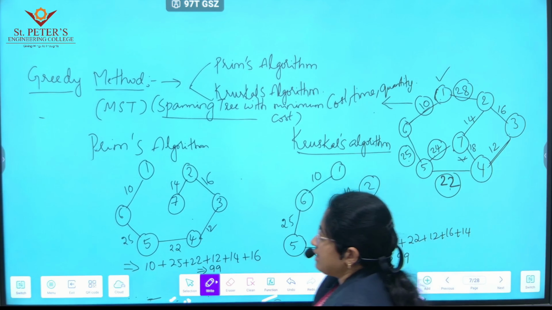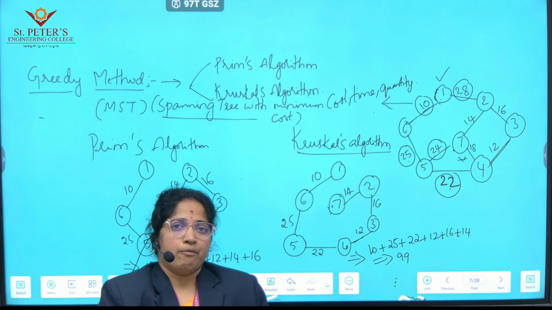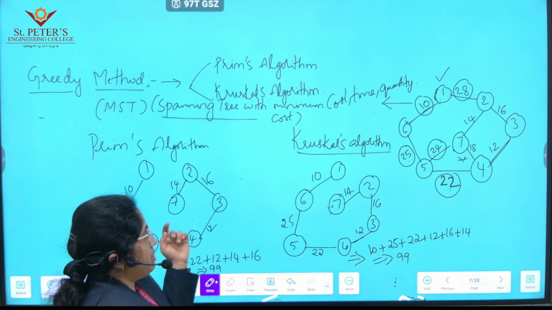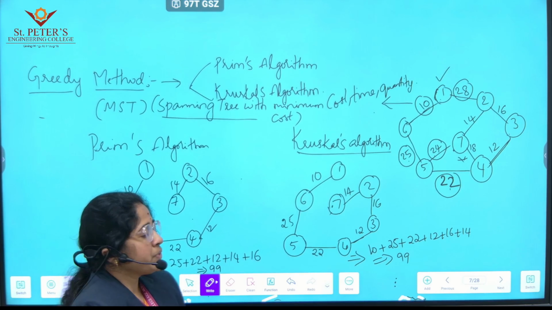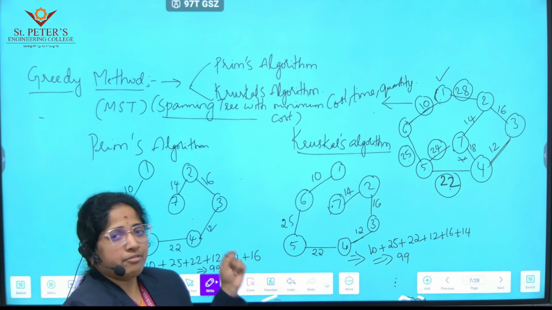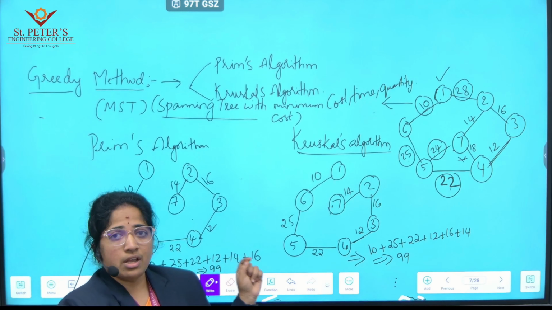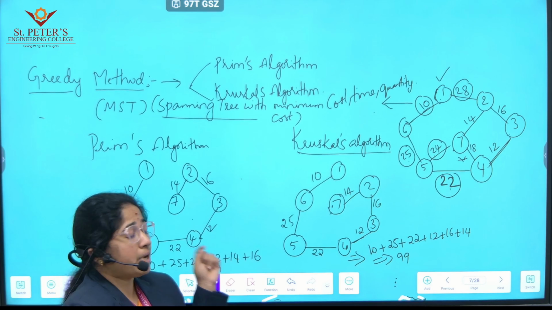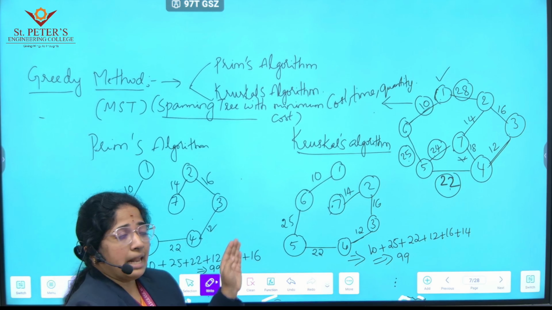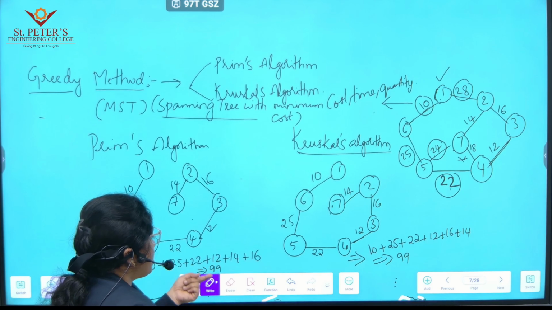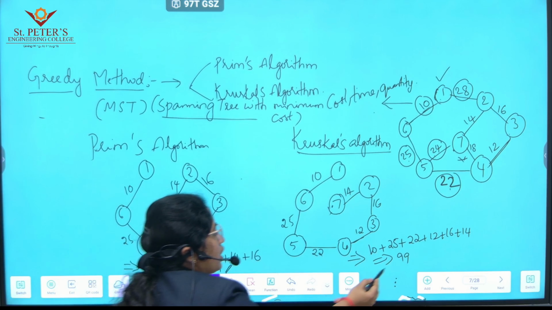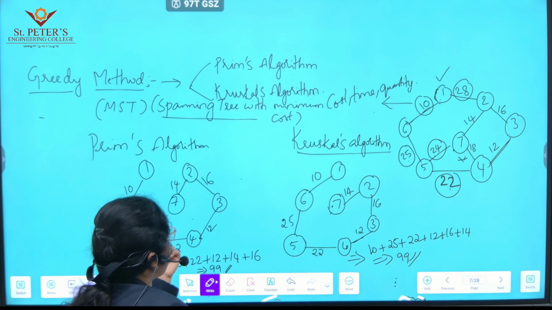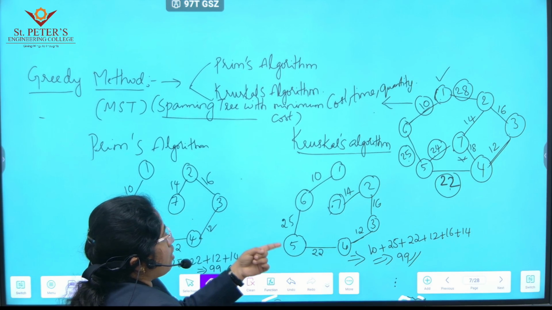So the final comparison is, when we draw by using Prim's algorithm or Kruskal's algorithm, we will get the same minimum cost spanning tree. The cost is here 99 and here also 99. When you see the graph also, the spanning tree is the same.